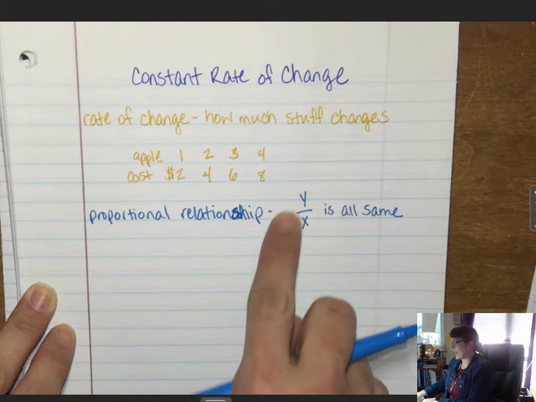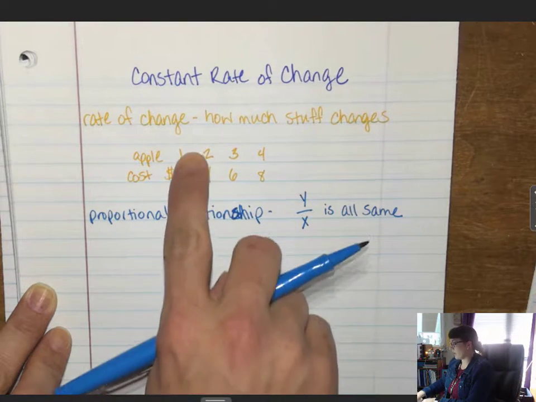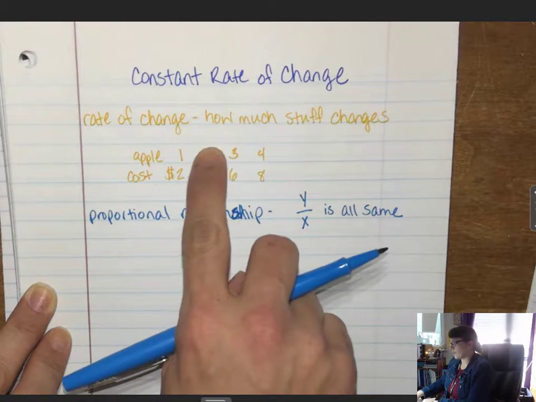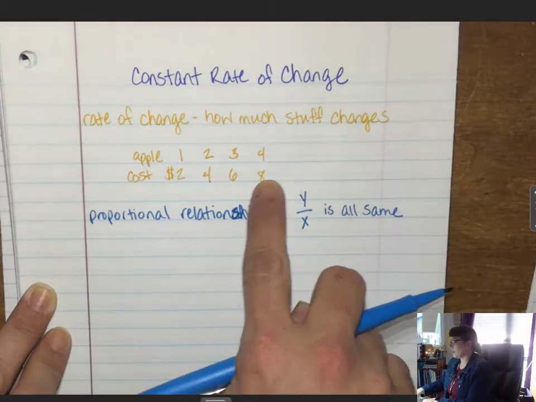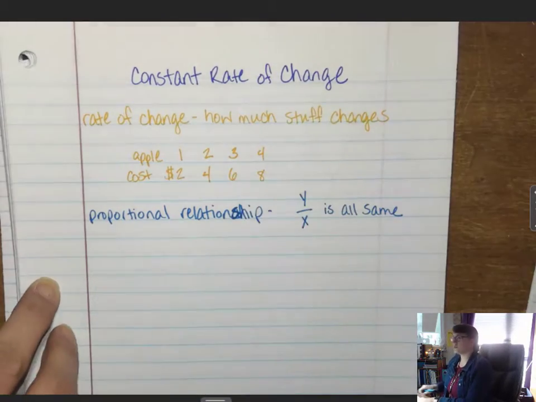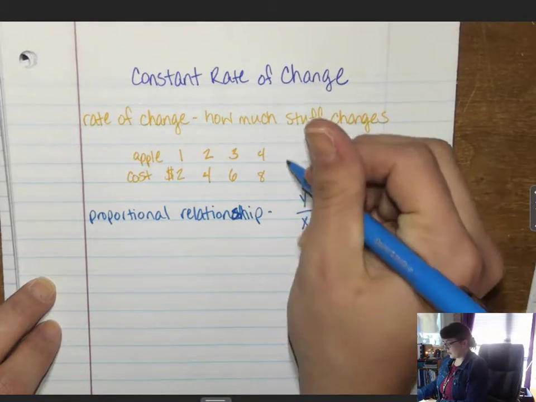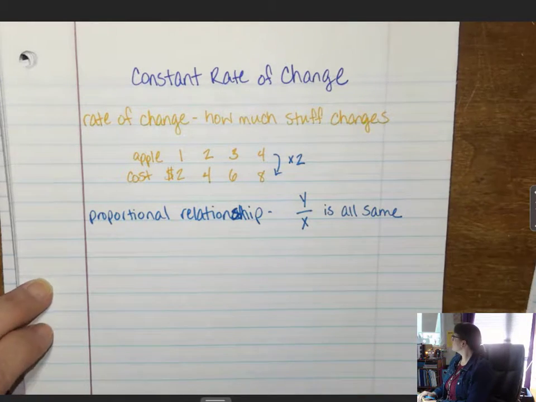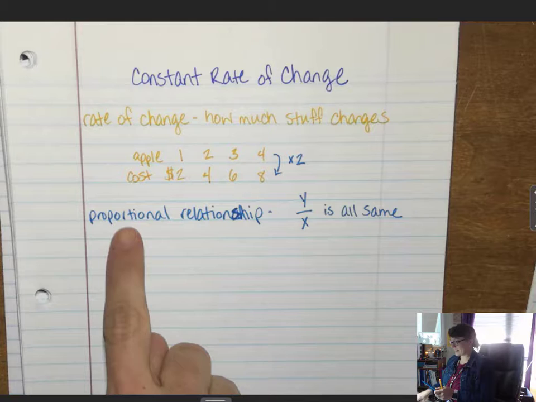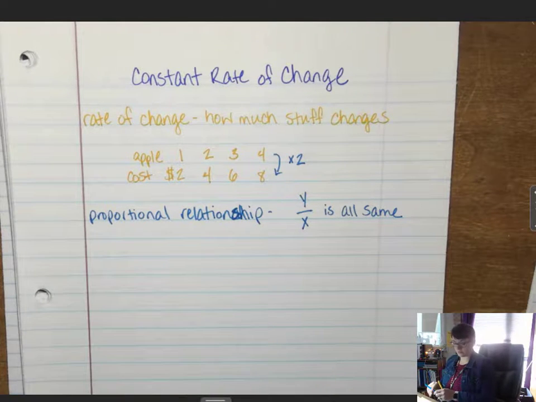Okay, so each apple is $2 because 2 divided by 1 is 2, 4 divided by 2 is 2, 6 divided by 3 is 2, 8 divided by 4 is 2. Okay, this is times 2. That means it's a proportional relationship.